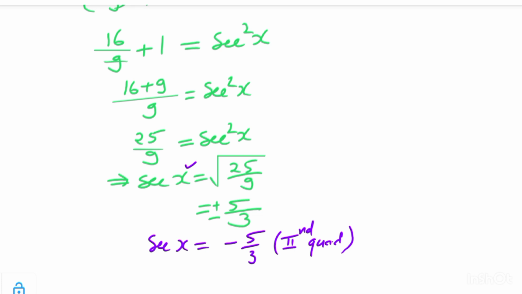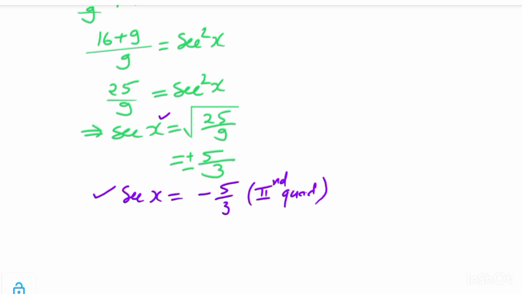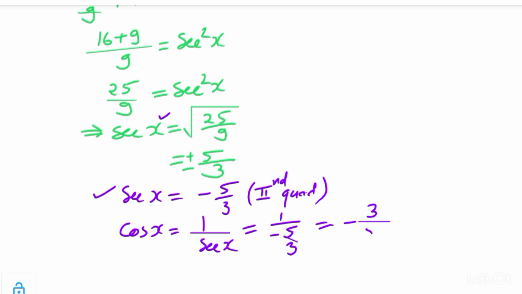Now from sec we can find out the value of cos, because we know cos x is equal to 1 upon sec x. So this will be equal to 1 upon negative 5 upon 3, and this will be negative 3 upon 5. This is the value of cos.